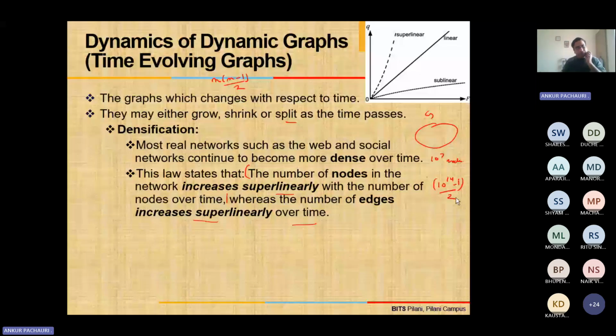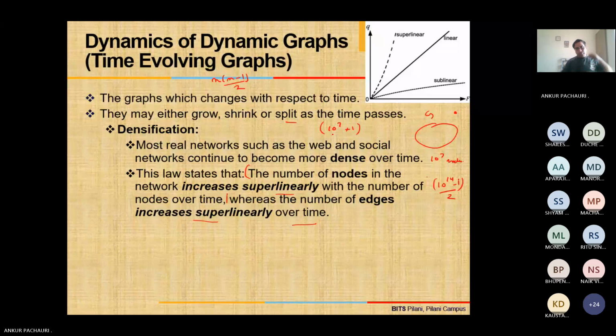That is very huge. Now, if I add a new node in a graph, how many nodes will there be? 10 to the power 7 plus 1 nodes. If I want to make it complete, how many edges should this node have?